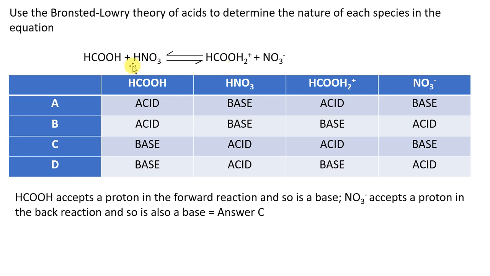My HNO3 is behaving as an acid. Going backwards, the reverse, HCOOH2+ is losing that proton and going back to HCOOH. In that case, behaving as an acid, giving me the answer C.